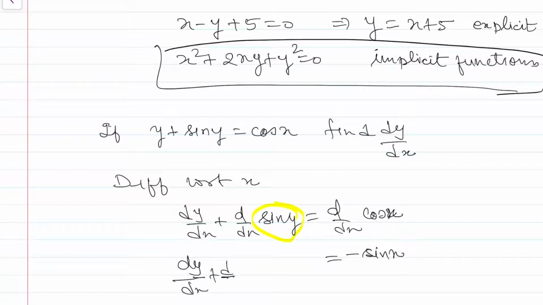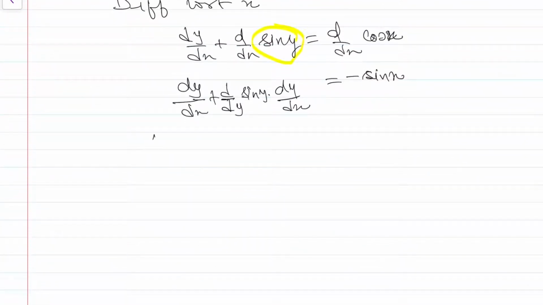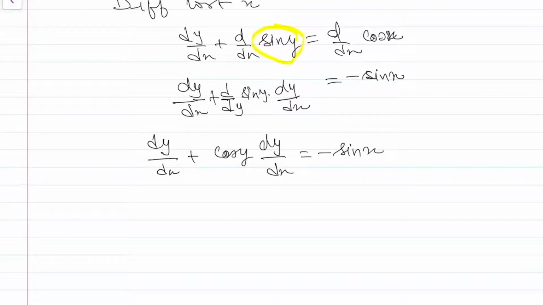Applying chain rule, we'll get d over dy of sin y into dy over dx. Now dy over dx will remain as it is, plus the derivative of sin y with respect to y will be cos y into dy over dx is equal to minus sin x.